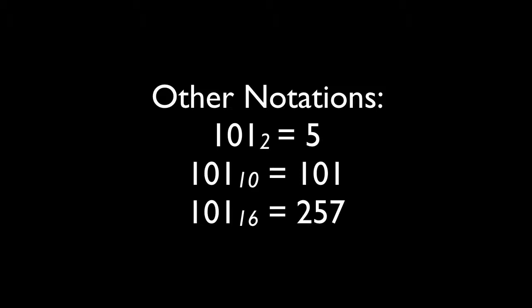So for example, in base 2, 101 is 5. In base 10, 101 is 101. And if you did the conversion in base 16, this would be 16 squared, 16 cubed, you would get 256. So without the subscript, it's not clear what base you're talking about.